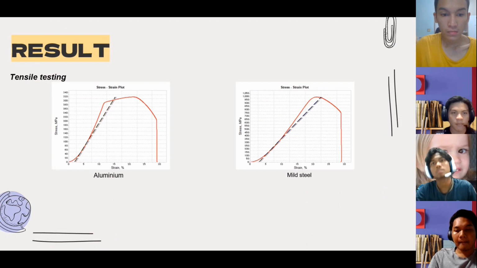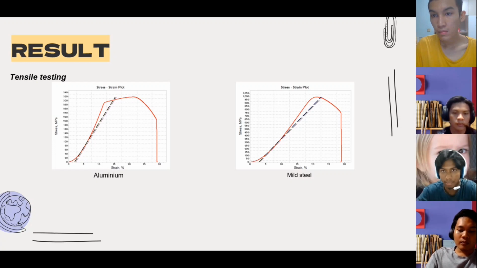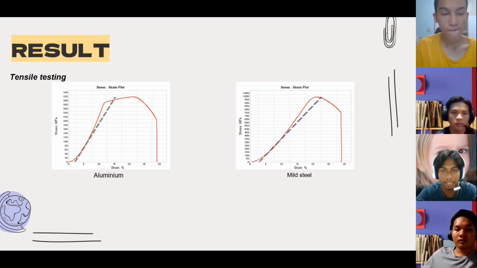Okay, so for the results for tensile testing, as you can see, we have two plotted graphs for the aluminium and mild steel. For the aluminium, the stress is going to be 290 megapascal, and for the mild steel it is going to be 970 megapascal.